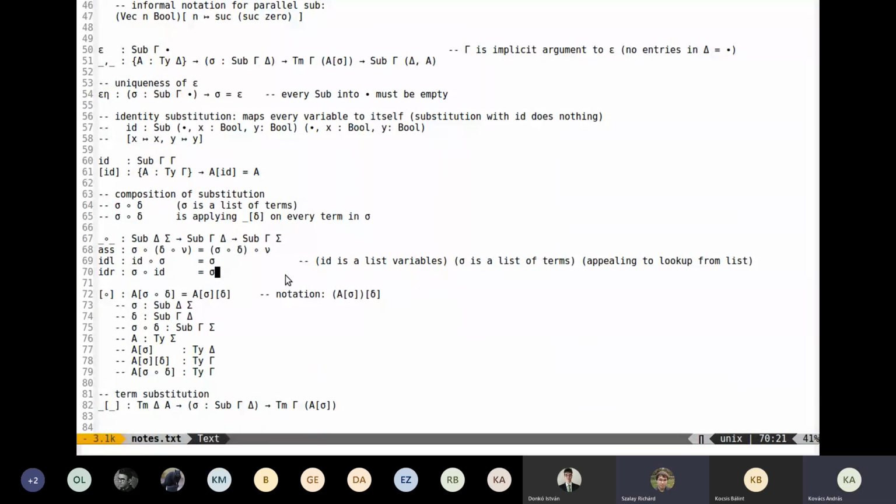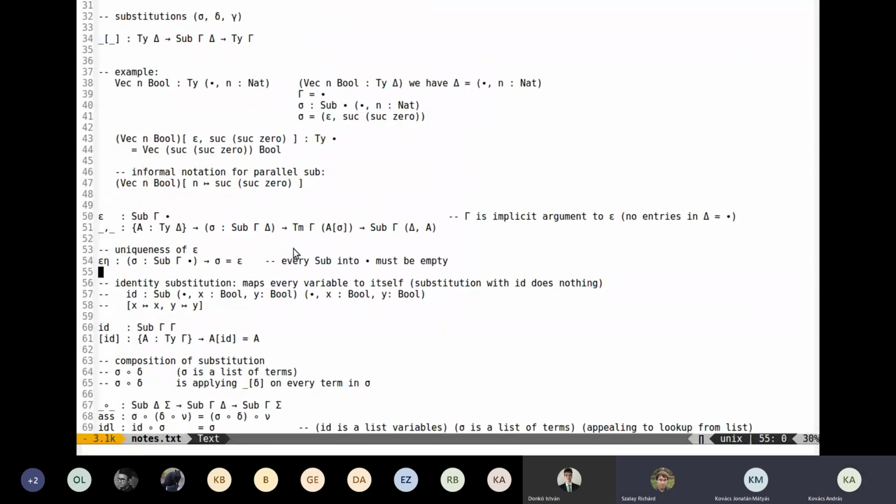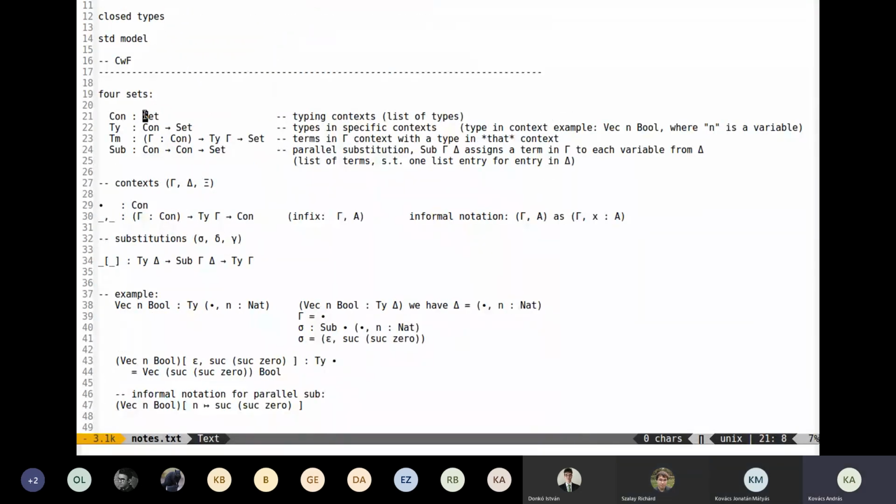Okay, thank you. So are sets in the meta theory of CWF, that is, mathematics of some kind? Whenever I'm writing set here, it's just a set from mathematics, from the meta theory. Also whenever I'm writing a function arrow like this, it's also a meta theoretical function space.